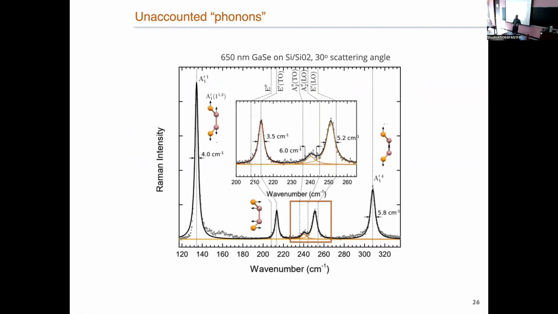When we first started working on gallium selenide, we were quite interested by its electronic and excitonic characteristics. We were not interested in phonons, and at the time we had little clue about phonon polaritons. But by doing preliminary characterization with Raman spectroscopy, we saw phonons that were unaccounted for. So in Raman spectroscopy, you get the intensity of the scattered light as a function of frequency, the frequency of the excitation in the material. We have the traditional gallium selenide phonons that have been known for a very long time.